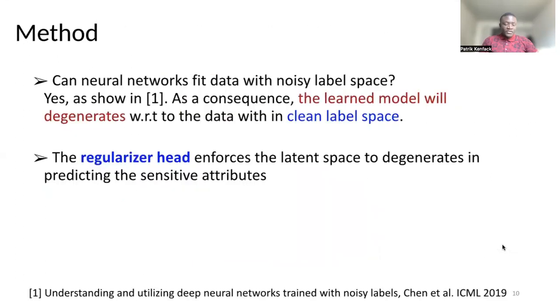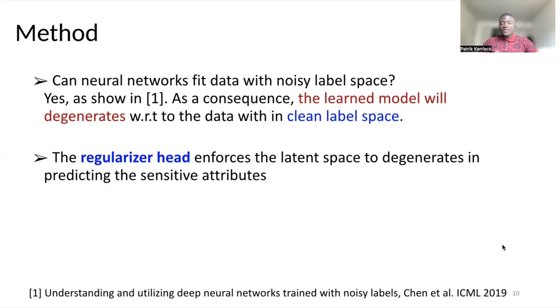A question that may occur is: can neural networks fit data with a noisy label space? The answer is yes, as shown in this work and other works, that neural networks can fit data with partially noisy or completely noisy labels. So that's what we leverage here to achieve our goal.